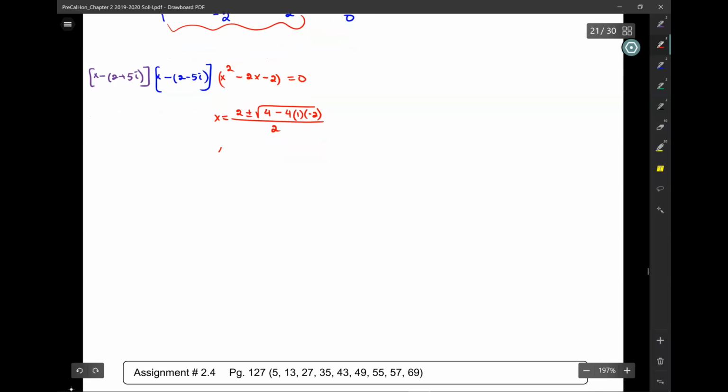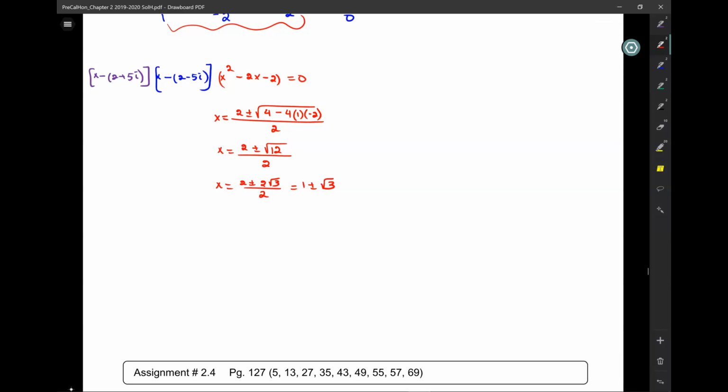At the end of the day, I get 2 plus or minus 4 plus 8 is root 12 all over 2. 2 plus or minus 2 root 3 over 2. And we came so far, we can't just leave the 2's in there. 1 plus or minus 1 root 3.